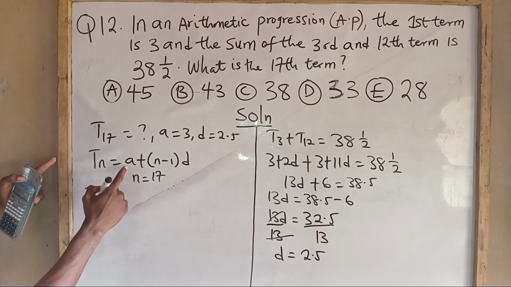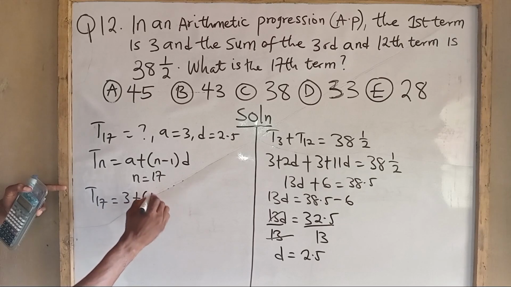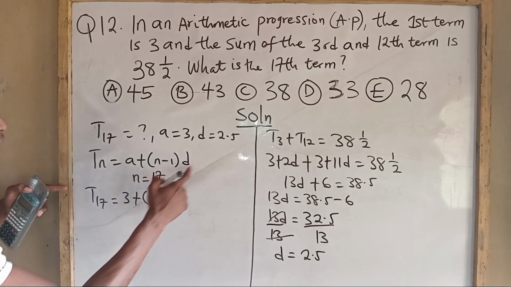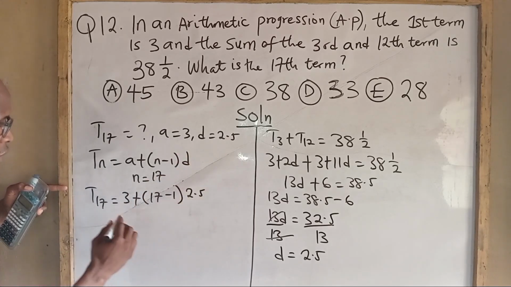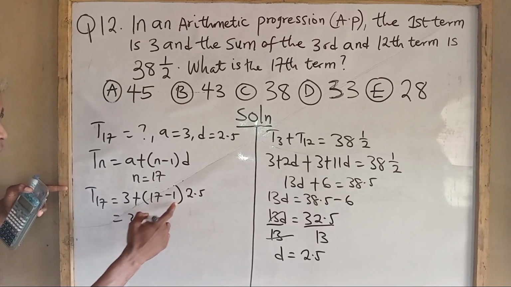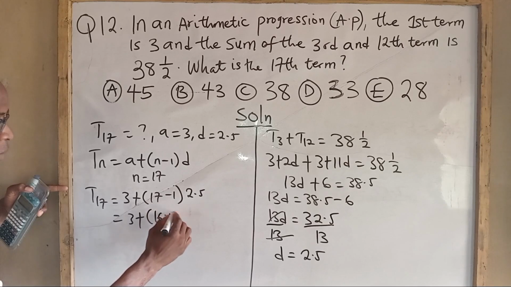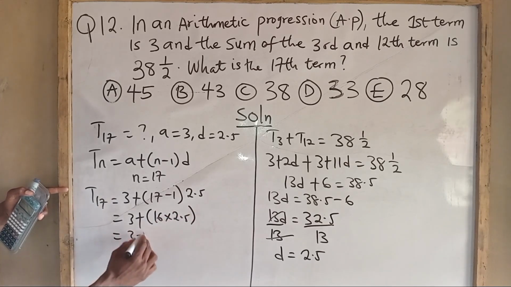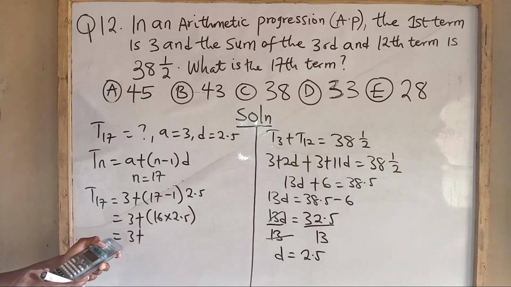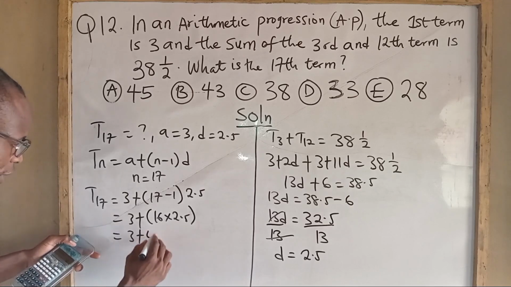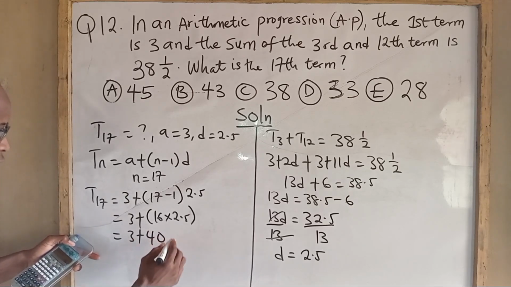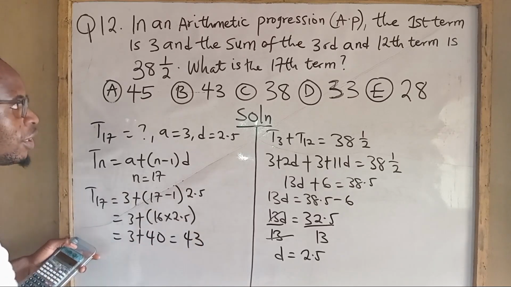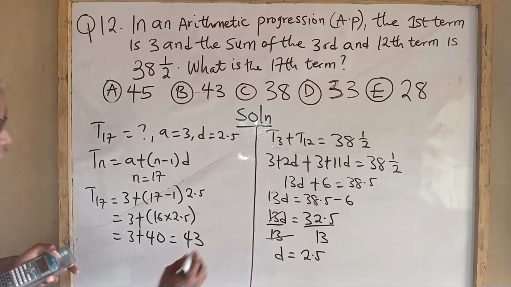T17 will now be equal to A, which is 3, plus (17 minus 1) times D, that's times 2.5. So that will give you 3 plus 16 multiplied by 2.5. If you multiply 16 by 2.5, we have 40. So 3 plus 40 gives 43. So let's check our options. So the answer is 43. That will be option B.